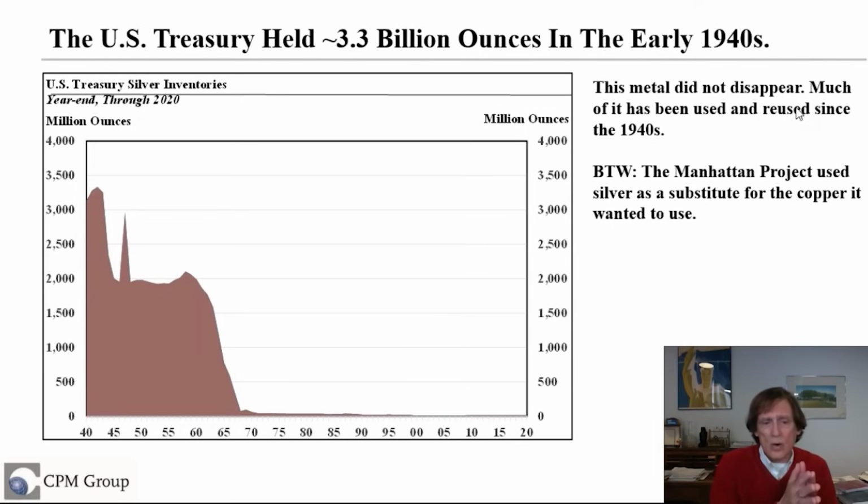Now, after the war, we had electrification, we had air conditioning, we had refrigeration, we had a big burst of silver purchases in silverware as people in the United States and other parts of the world were wealthier. So they were buying silverware sets and silver jewelry and silver decorative objects and things like that.